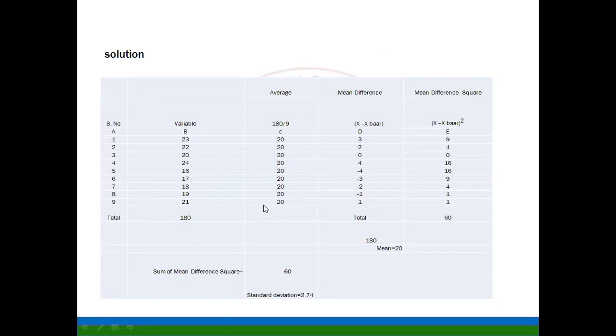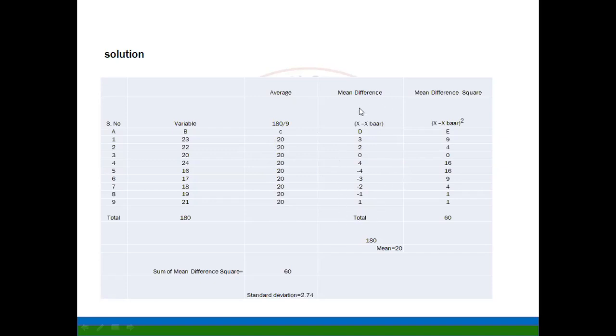and the average is, so the variables when we add up it comes to 180. So the average is the total divided by the number of variables, that is 180 divided by 9, so it's 20.